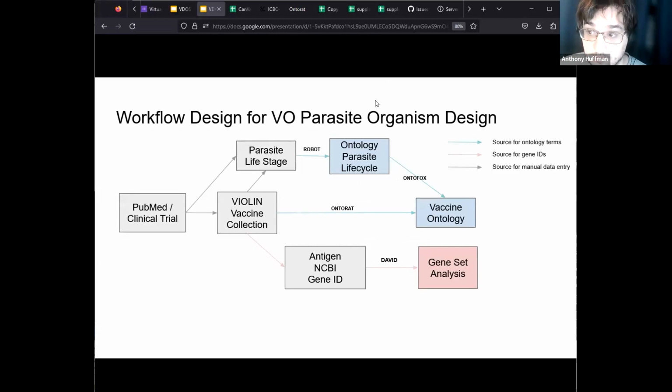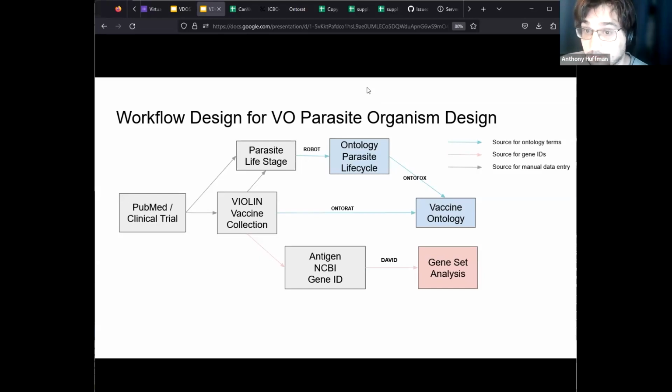And then we also took note of the different parasite life stages that were mentioned as the target for the actual pathogen, and the actual gene IDs that are listed. Once we've collected all this information, we generated new ontology terms into either OPL or into Vaccine Ontology directly using the tools listed on the arrows.